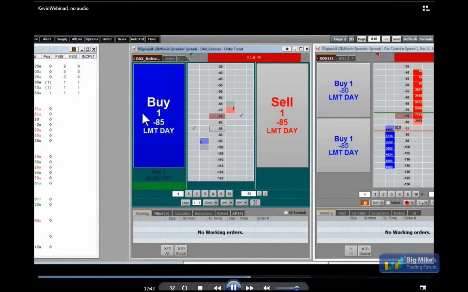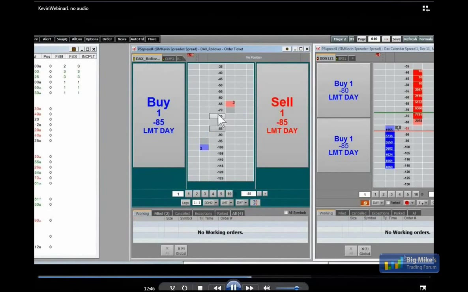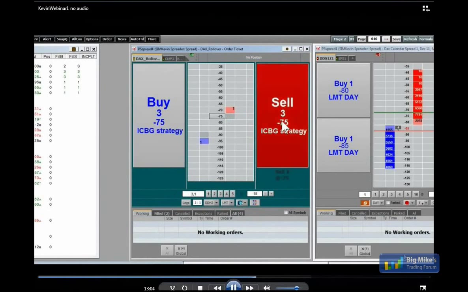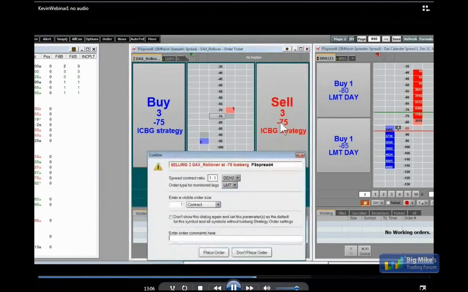As you see reflected on the trading interface on the right, the position that I've attained in the strategy will also show up if there's a relative exchange-based spread. In that case, I got short at -75, while the exchange-based product was offered at -80. So for taking the legging risk, I've gotten the ability to actually put the spread on at a level better than where I could have done it on the exchange-based contract.